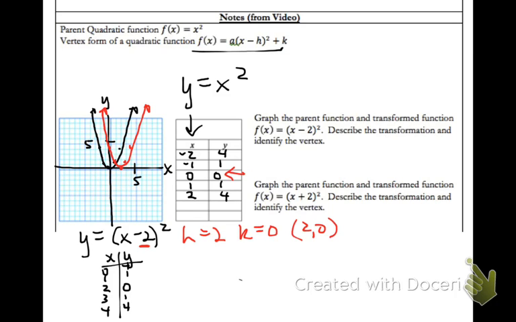We have a graph that is the exact same size and shape, but has simply moved to the right. And so this is a horizontal translation to the right 2.